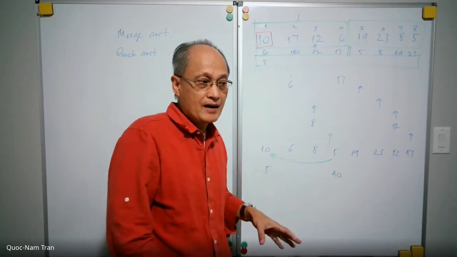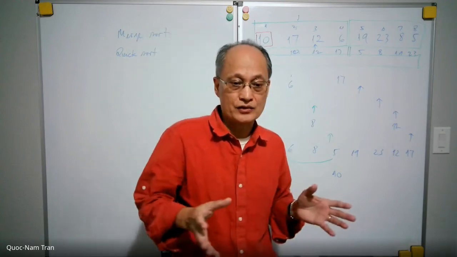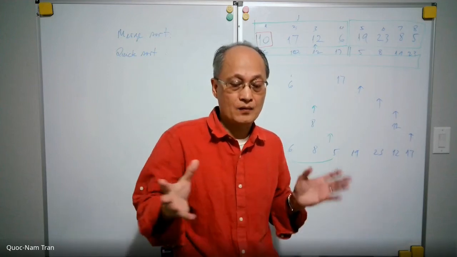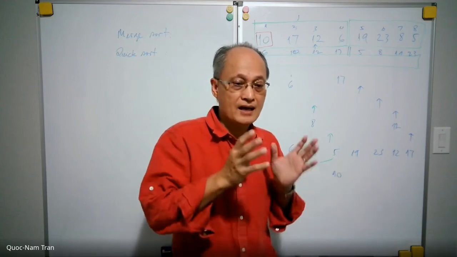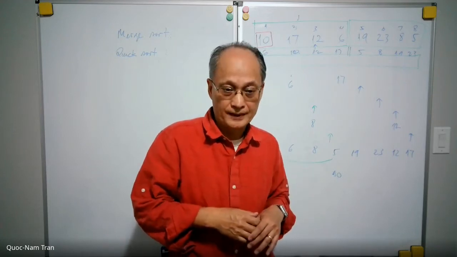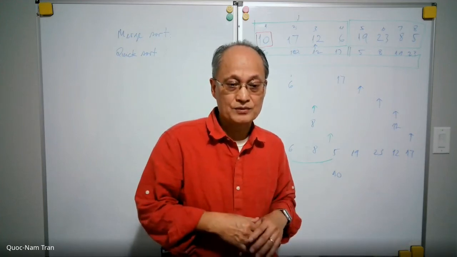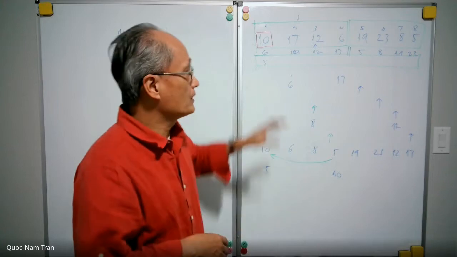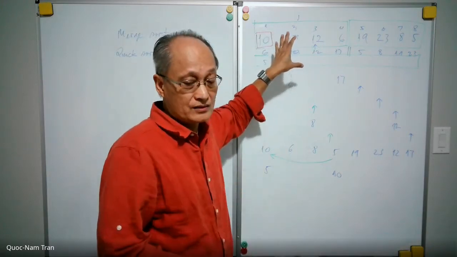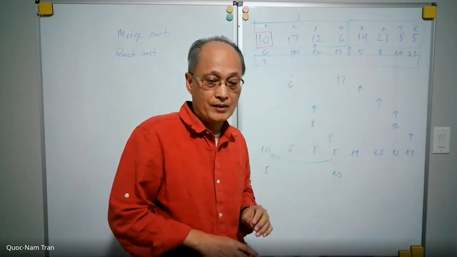But nowadays, with the internet, we know that the search engine has to search much more data than what they can store inside the RAM or the main memory of the computer. In that situation, we have to use merge sort because merge sort does not require us to have all of the numbers in the main memory.